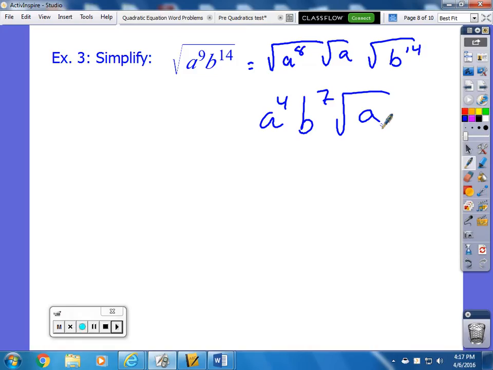You see again, we took out the biggest even number, and then we just left the single a under the radical.